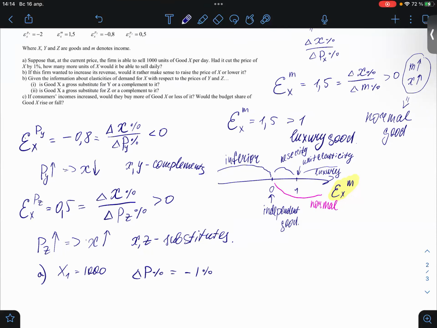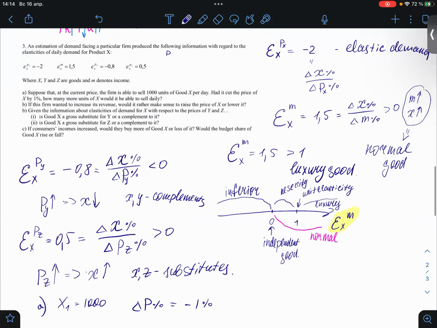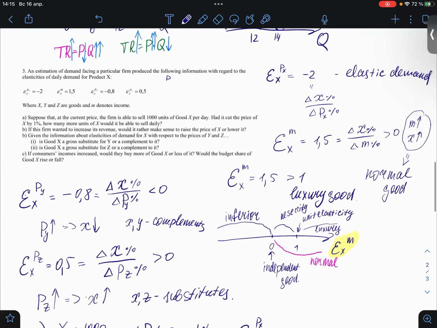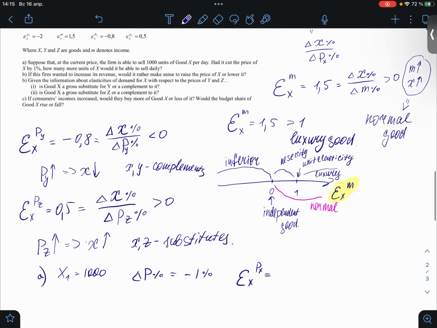Yes, let's look at elasticity of demand. Elasticity of good X by the price of good X is minus 2. And it will be equal to the change in quantity demanded of X in percents over the change in price. So here minus 1%.